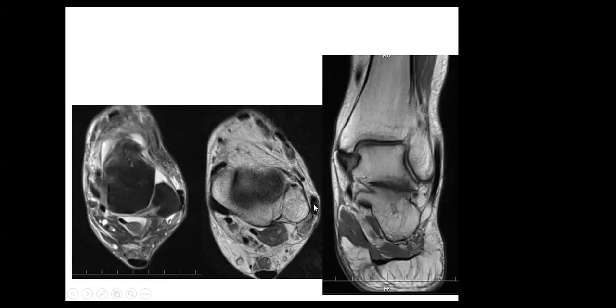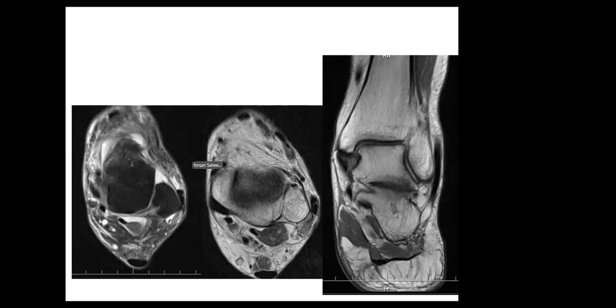Why do you think this patient developed dislocation of the peroneal tendons? A rupture of the ligament. Ligament or retinaculum? A retinaculum. Which retinaculum? Peroneal retinaculum.